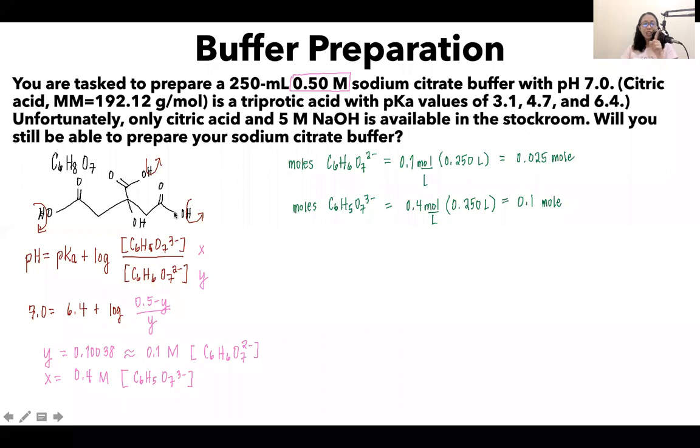So we start with the fully protonated form, and we use the strong base, sodium hydroxide, to extract the protons until we get this form of our molecule. So what we do first is, we add these two, so that's 0.125 mole.